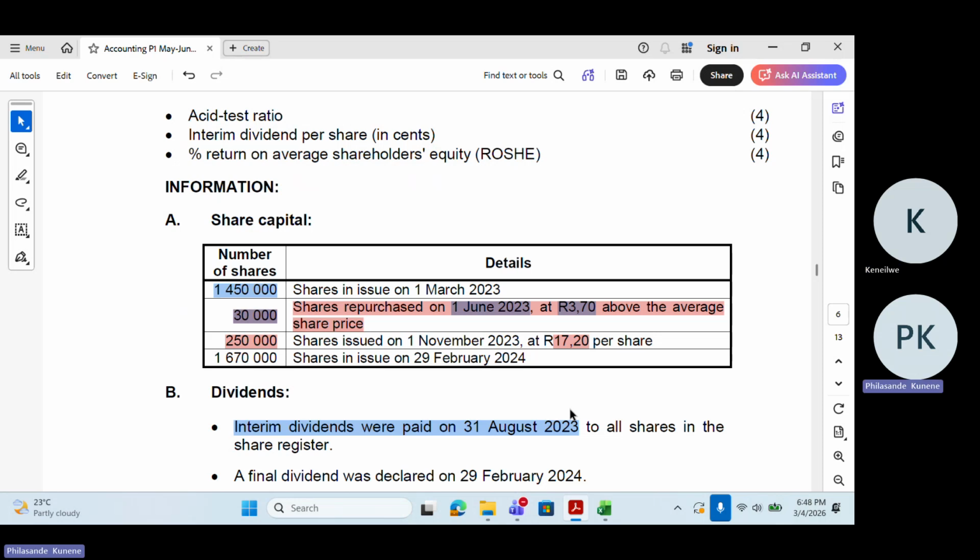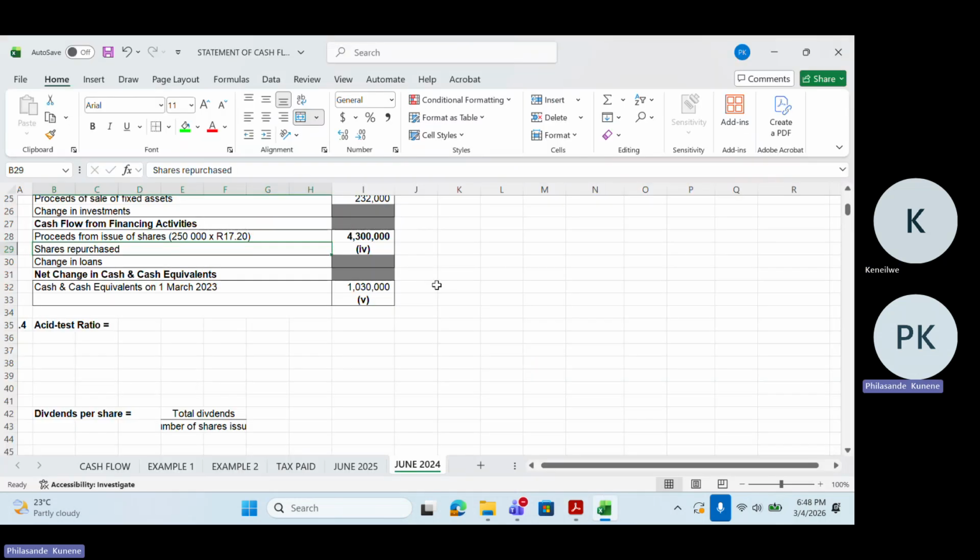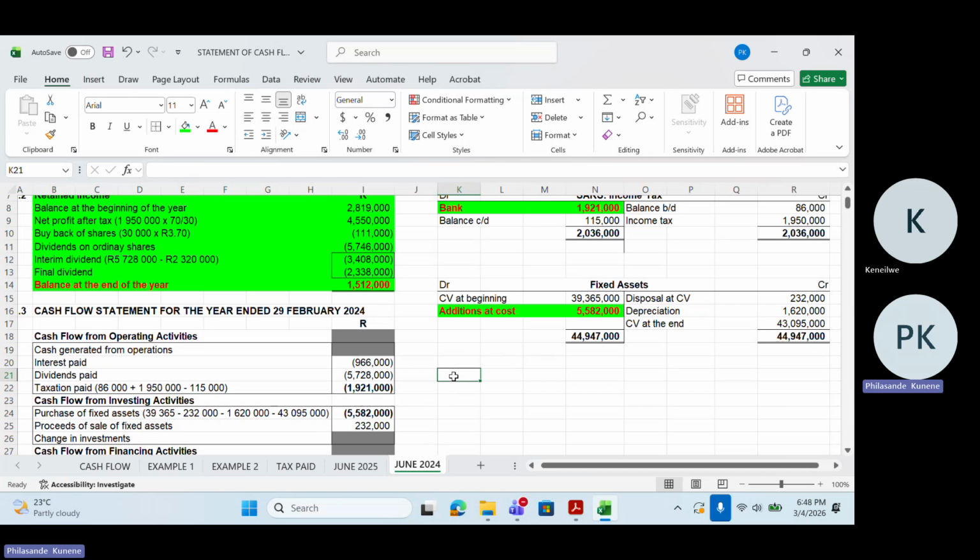I need to get the average share price, right? Okay, so I need to go and do those workings. So how am I going to get the average share price? What do I need to do for me to get my average share price?